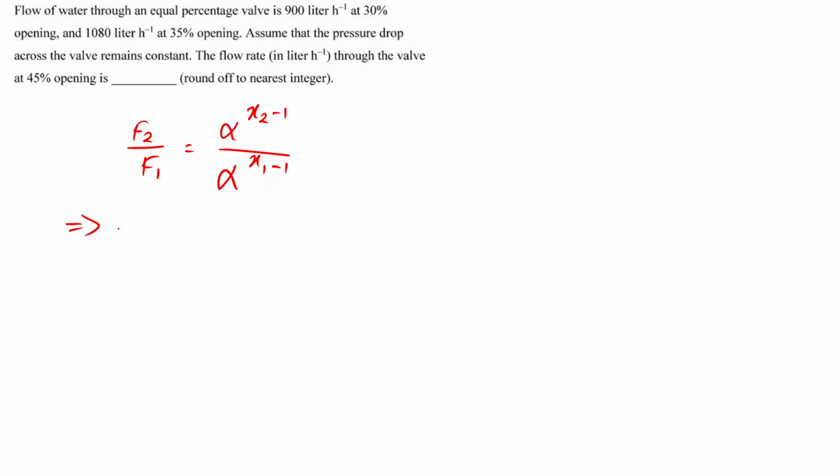So F2 we have been given as 1080 upon F1 is 900. That is alpha raised to x2 minus x1.